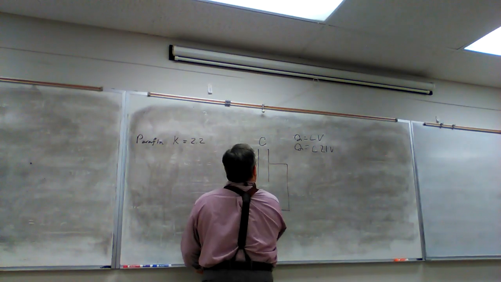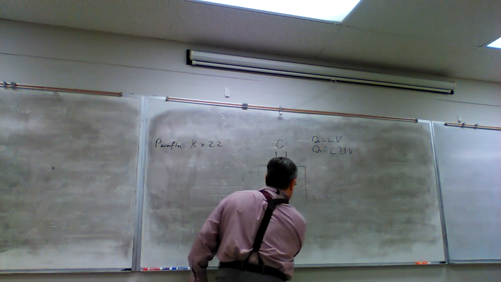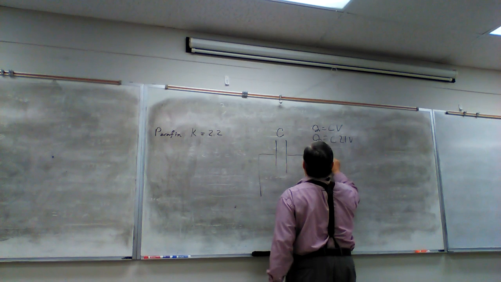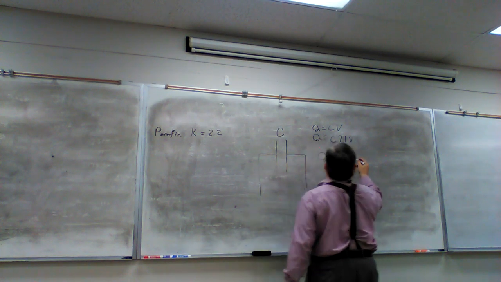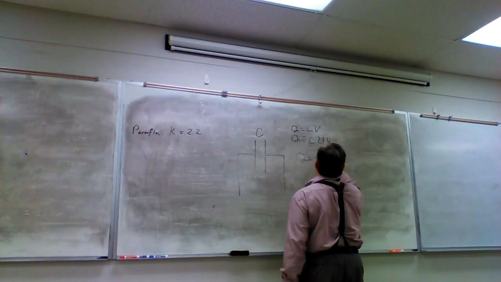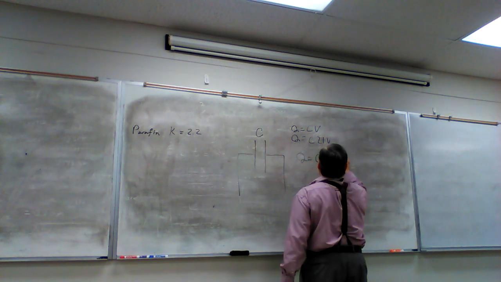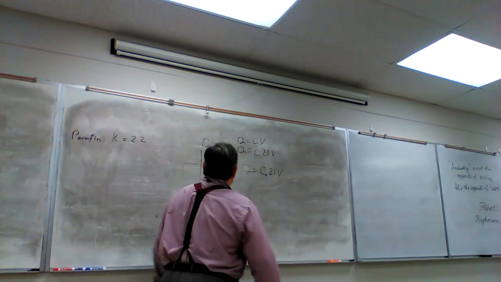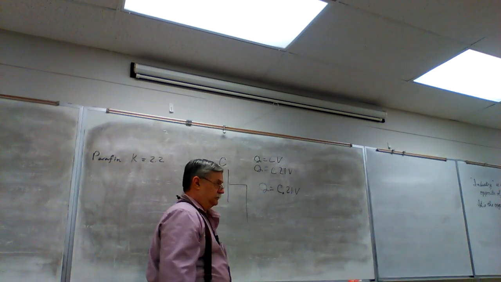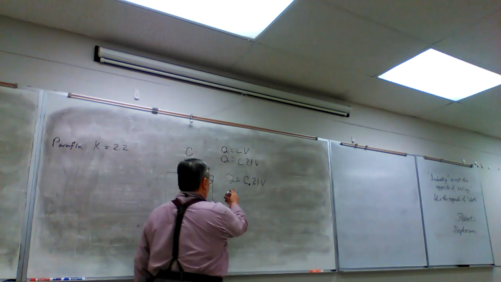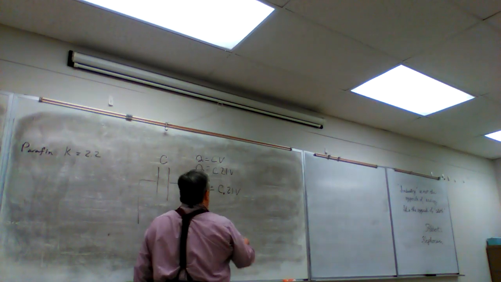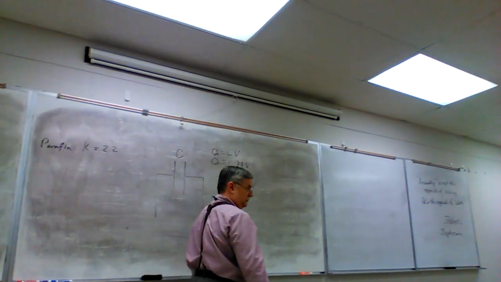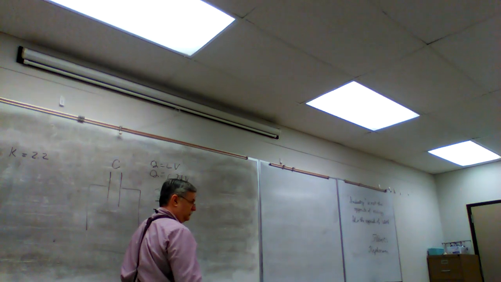Well, once it's fully charged, you take away the battery, Q is still equal to its initial C naught times 21 volts. You slide in a sheet of paraffin. What changes in this equation? Well, voltage is going to change. Is Q going to change? How is Q going to change?